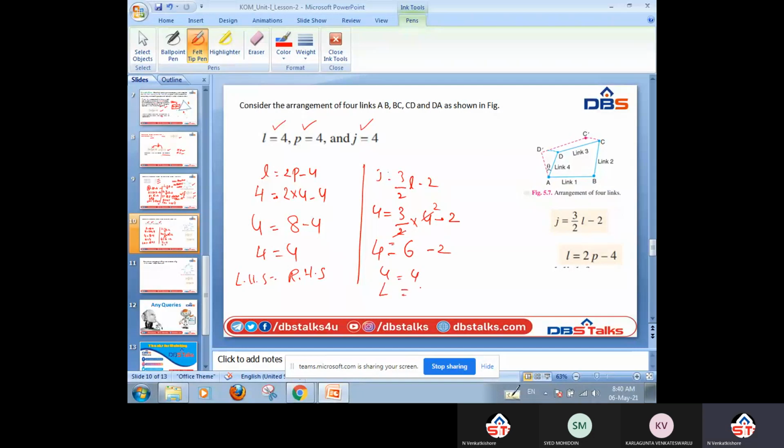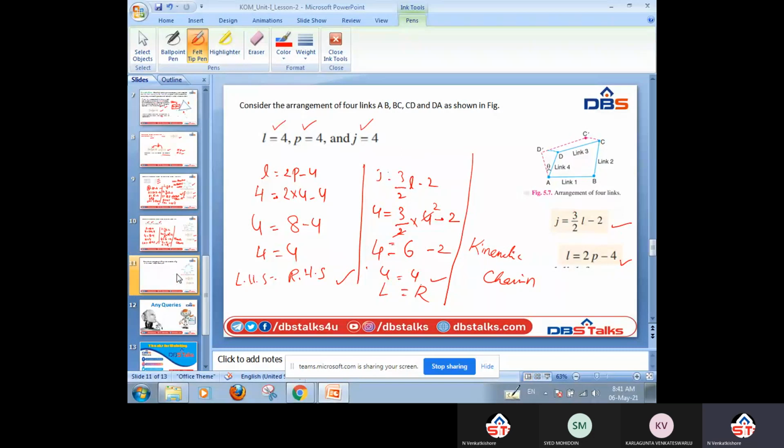Here also LHS is equal to RHS. Both the conditions are satisfied. So we will call it a kinematic chain.